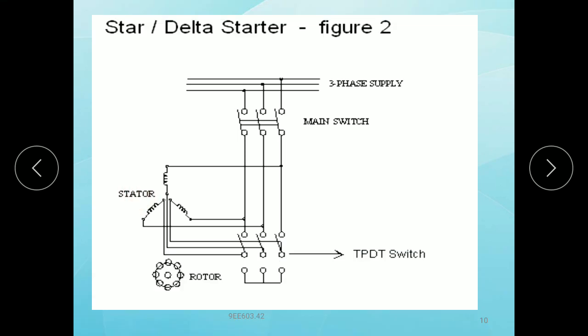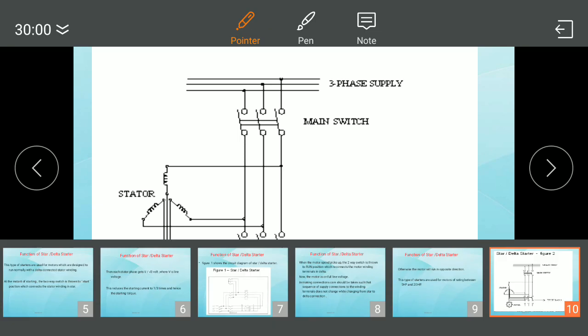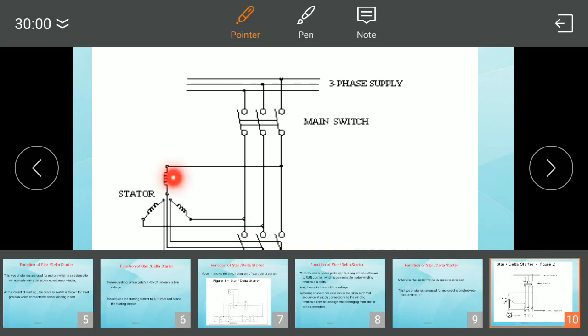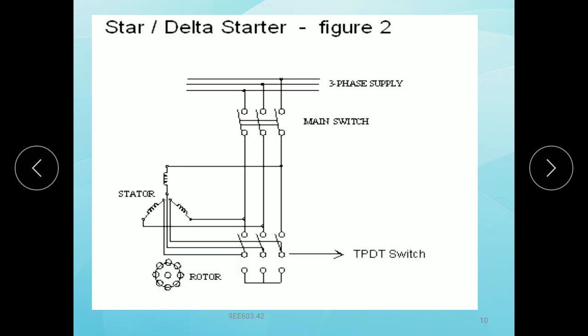Here this is the stator, and this one is rotor. So by changing this switch we can convert from star to delta connection at the stator side, to reduce the current from high current to low current at the starting time.